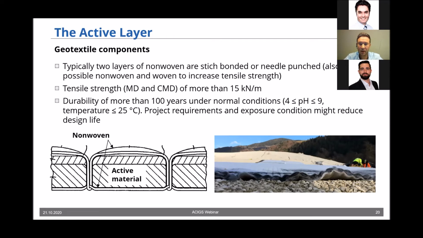Project requirements might reduce the design life a little bit, but normally 100 years is a good design life, because when you place a sand cap on top of it and install it properly, it is protected against damages, and a design life of 100 years is a good value.